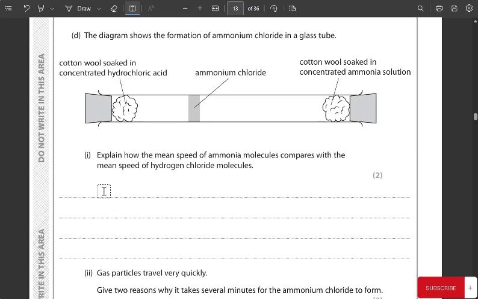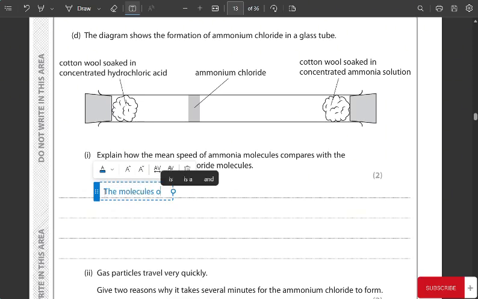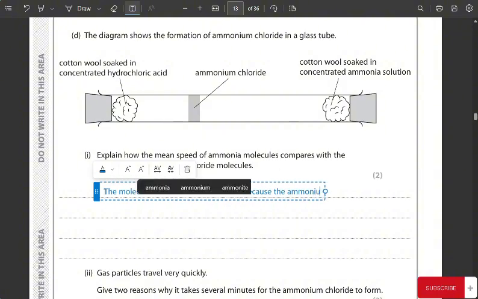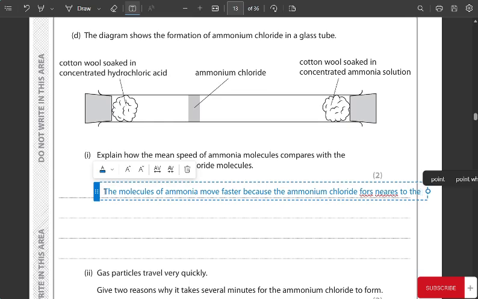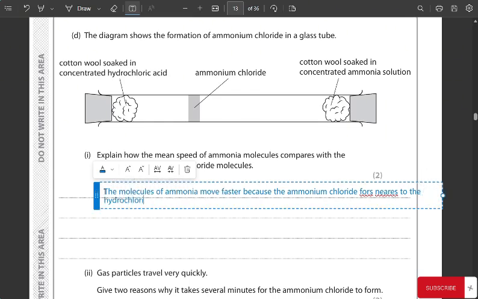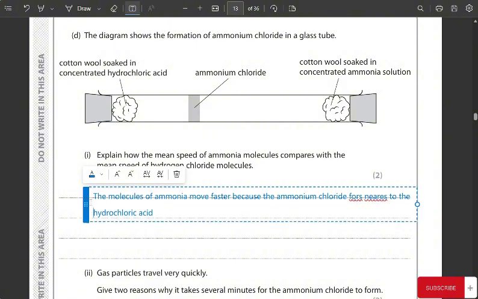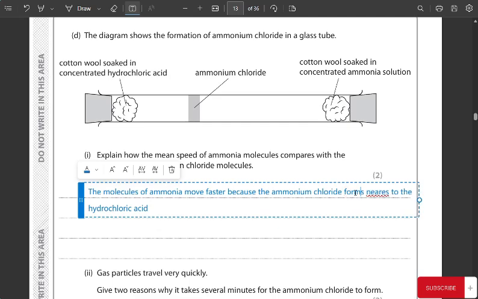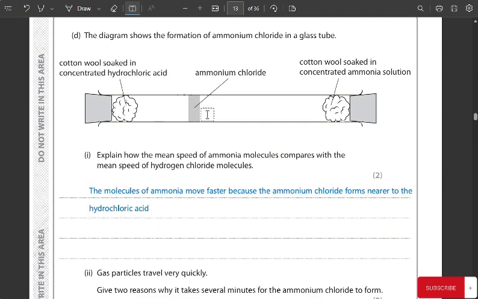By seeing the ammonium chloride gas producing, we can easily say that the molecules of ammonia move faster, because the ammonium chloride forms nearer to the hydrochloric acid, because the distance between these and these differs much.